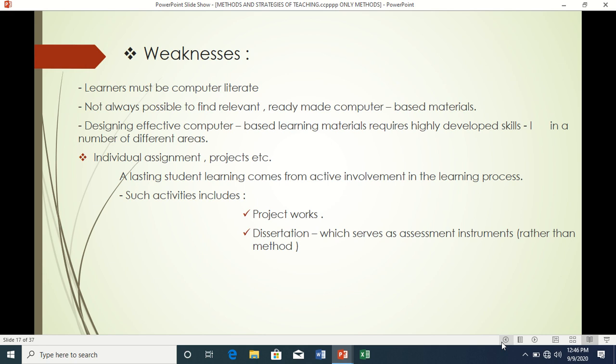Designing an effective computer-based learning material requires a highly, I repeat, a highly developed skill.